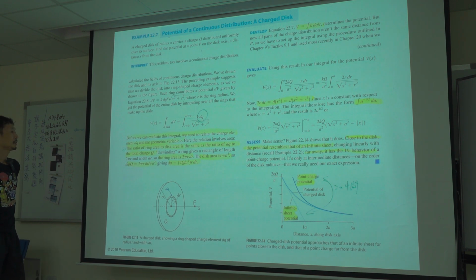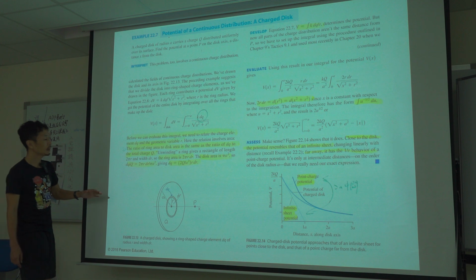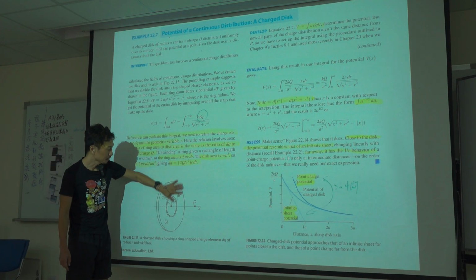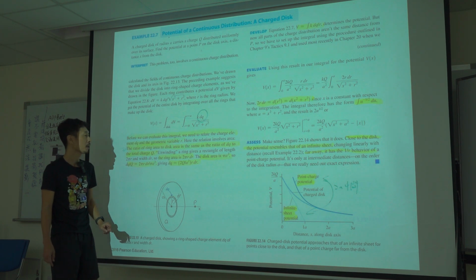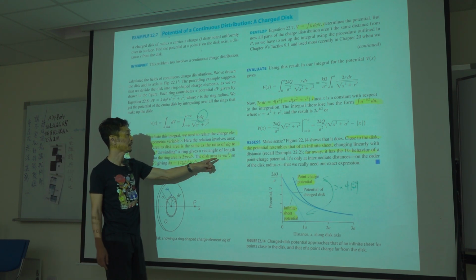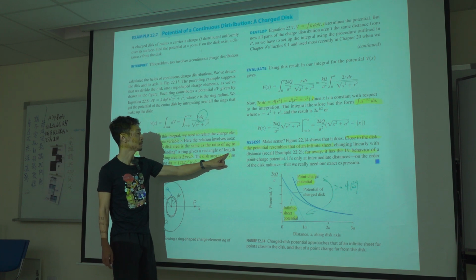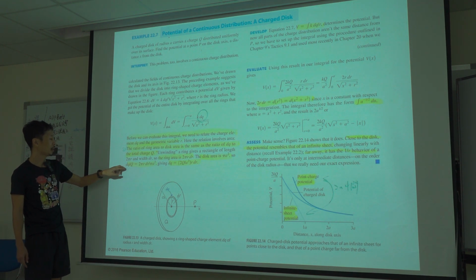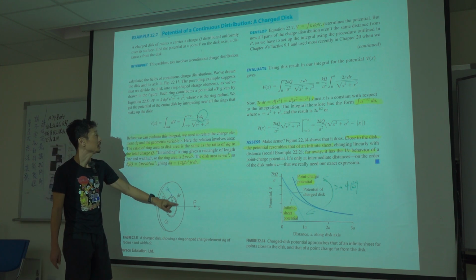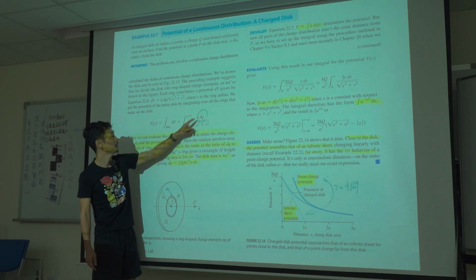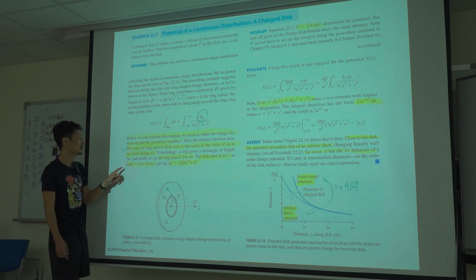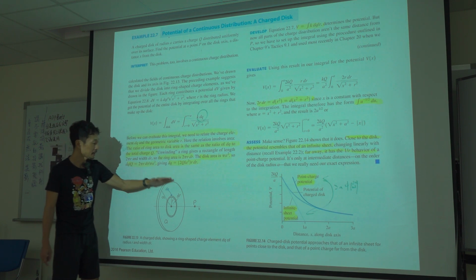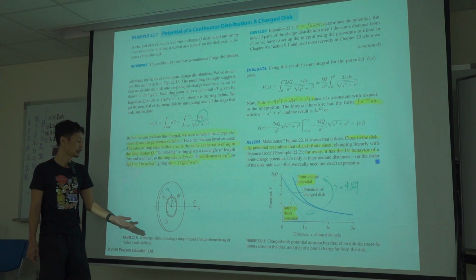The whole disk is uniformly charged with large Q, and the whole disk area is, of course, pi a squared. How much charge is needed here, dq, relative to the total charge is the ratio of the areas, because it's uniformly charged.